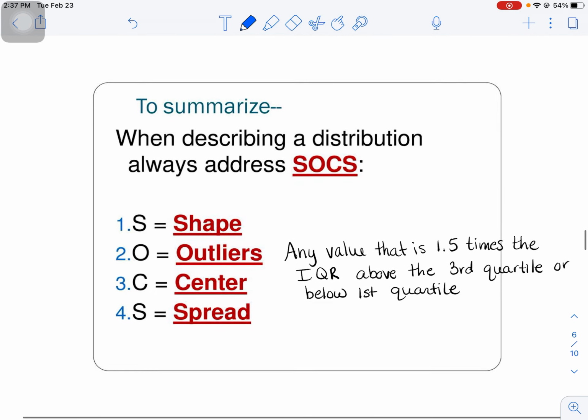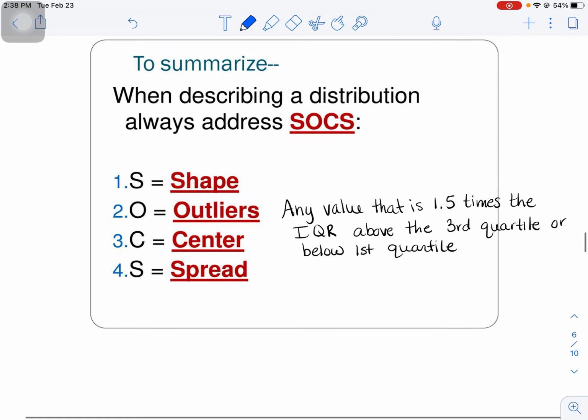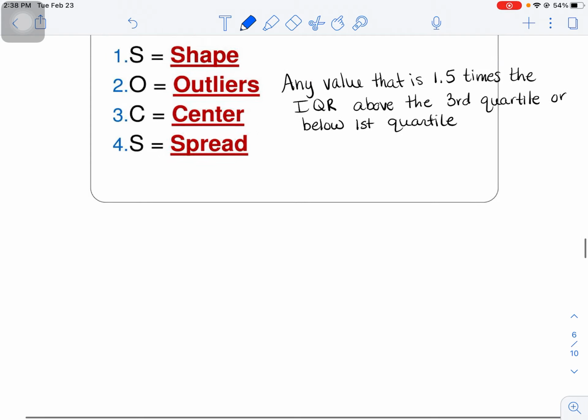We're going to use what we call SOCS to describe or summarize a distribution. SOCS means shape, outliers, center, and spread. And remember, an outlier is any value that is more than 1.5 times the IQR, interquartile range, above the third quartile or below the first quartile. You'll see that example in just a minute.